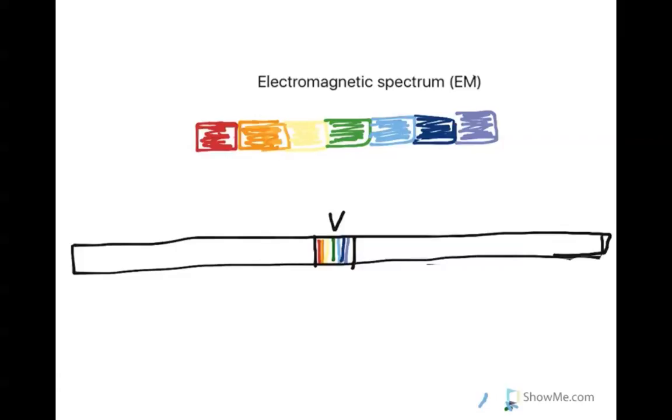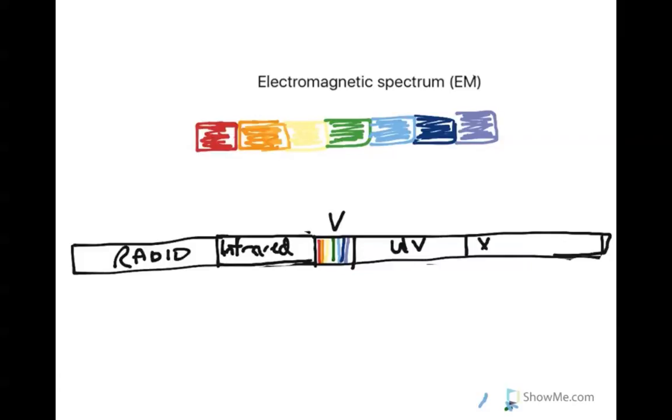So we have on the very one end, we've got radio waves. So we'll put radio in here. And then you've got infrared waves, then the visible waves, and then you've got the ultraviolet rays, which I'll just give the little letters UV.